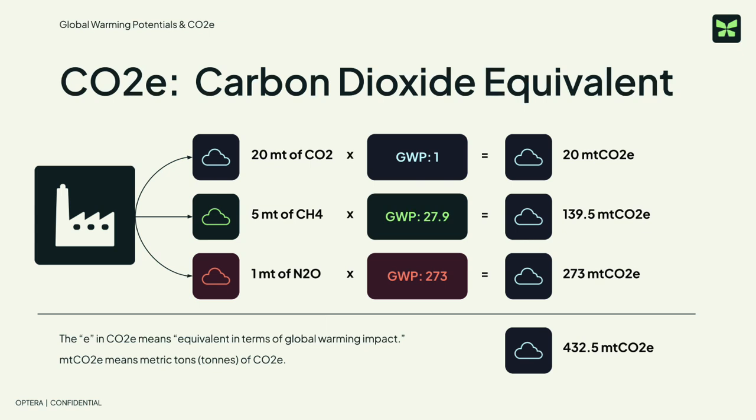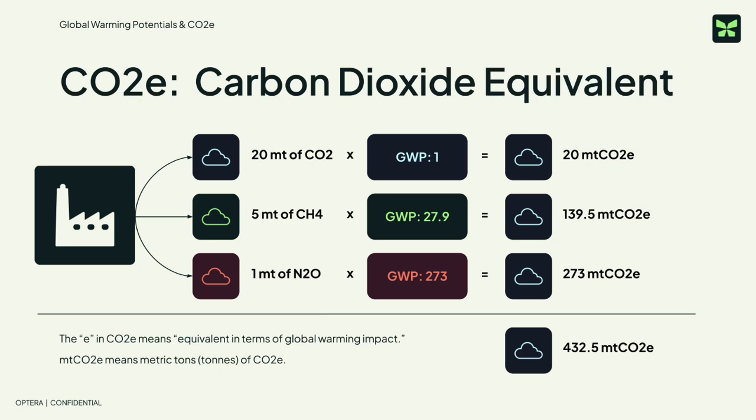Here, we're showing a simple calculation of a manufacturing plant's emissions and expressing it as a single number in metric tons of carbon dioxide equivalent. Say you know a manufacturing plant releases 20 metric tons of carbon dioxide, 5 metric tons of methane, and 1 metric ton of nitrous oxide. In order to convert all these greenhouse gases into carbon dioxide equivalent, which again is the main greenhouse gas accounting reference unit, you'll need to multiply carbon dioxide, methane, and nitrous oxide by their global warming potentials.